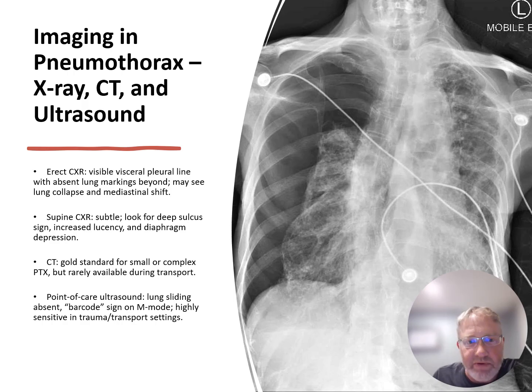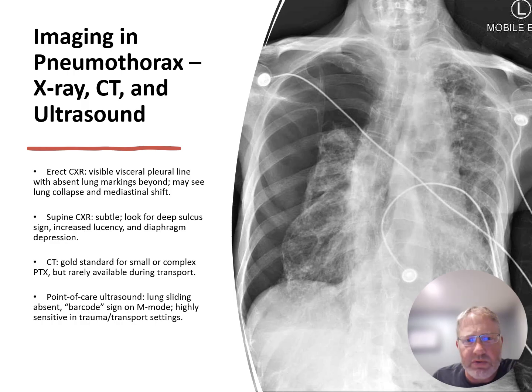On a supine film, the findings are really subtle. Look for the deep sulcus sign, increased lucency over the anterior chest, and a depressed diaphragm. A CT scan is the gold standard for small or complex pneumothoraces, but it's almost never available during transport.